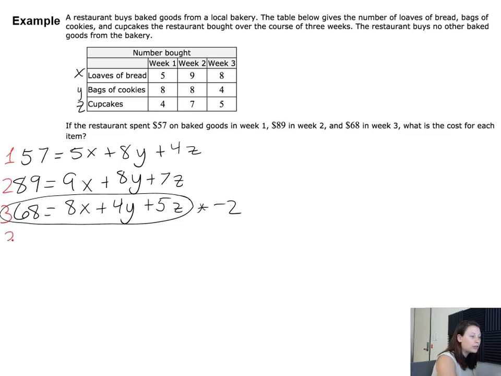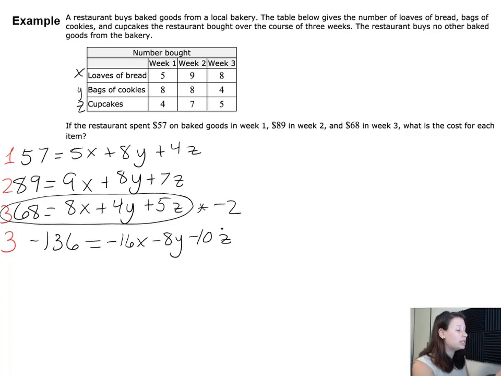So now our 3 is going to be -2 times the entire equation, right? So 68 times -2 is -136 is equal to 8 times -2 is -16x minus 8y minus 10z.